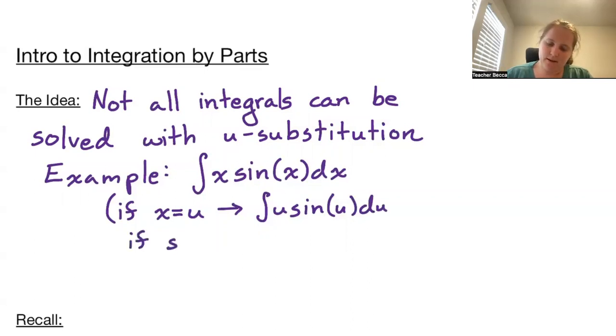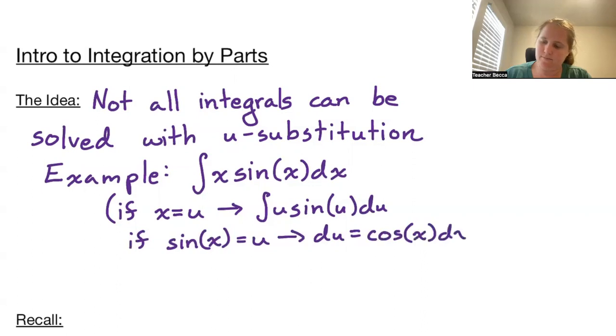If sine of x is u, then we would have that du is cosine of x dx. And that doesn't really do us any good.